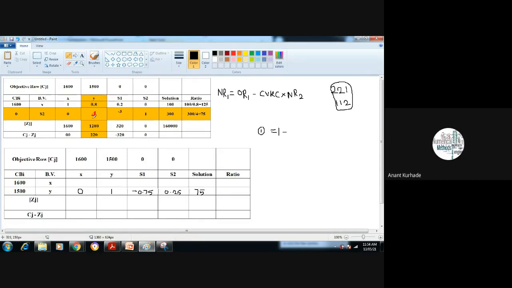We are writing the value for the first row, and this first row and this column give 0.8. So 0.8 into new value for R2. New value for R2 here is 0. So what is your answer? It is 1. So you can write here 1.